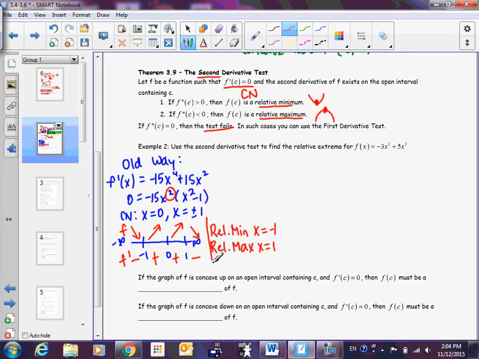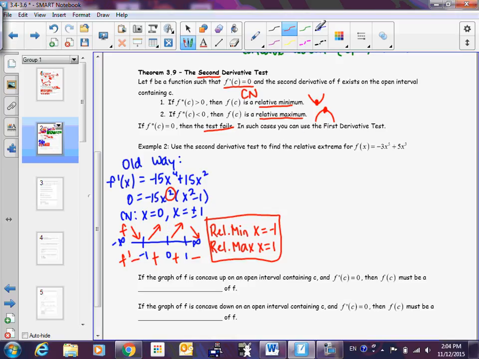And I know that this is the answer. These are the relative extrema. So when I do this a second way, I should be able to get the exact same answers. What is happening at x equals 0? A max or a min? A saddle point. Neither. A saddle point. Okay. And that's because there's no change from plus to minus.